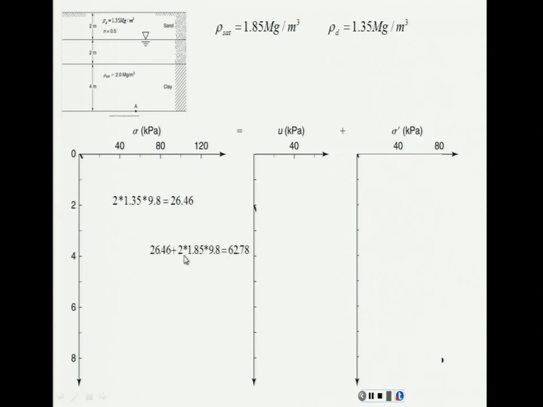So you have the 2 meters times gamma saturated times gravity plus the value that I had before. That would be the value of the total stress at this point. Now, what about these other 4 meters? Same thing. I take this value and I add these 4 meters of saturated clay. Remember, always multiply by gravity, and you get this value, and you get your first diagram.